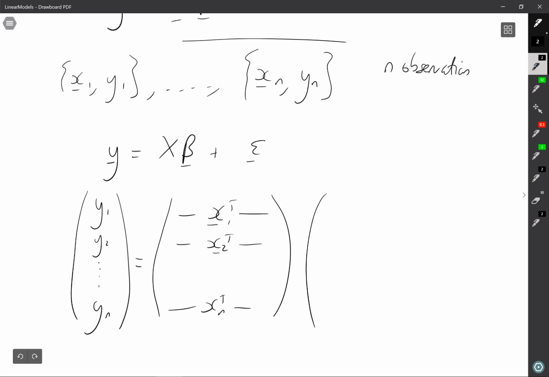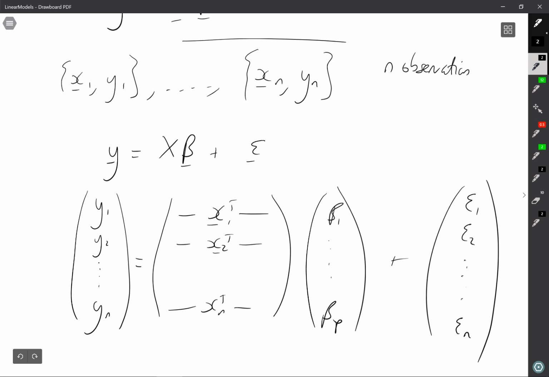Then we've got our parameter vector, beta1 down to beta p, plus we have a vector of errors, epsilon1, epsilon2, down to epsilon n. Okay, so x here is an n by p matrix, beta is a p by 1 vector, epsilon is an n by 1 vector, and y is an n by 1 vector.